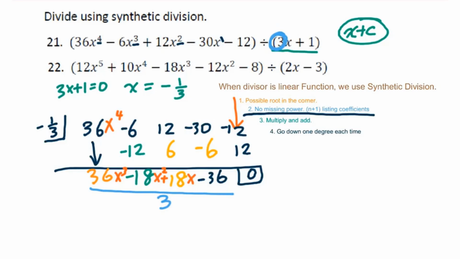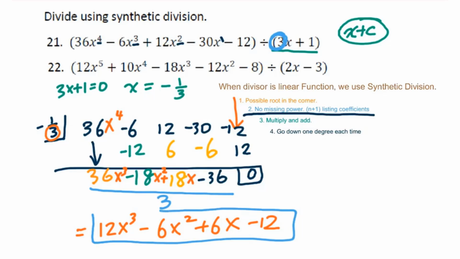In other words, you can think we divided by this denominator. Then the final answer, we got 12x³ - 6x² + 6x - 12. This will be the solution to number 21.